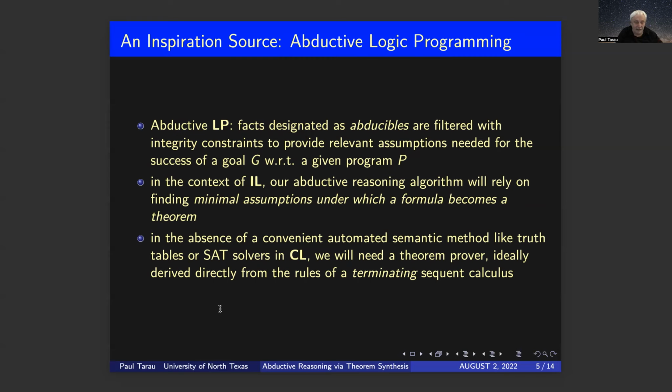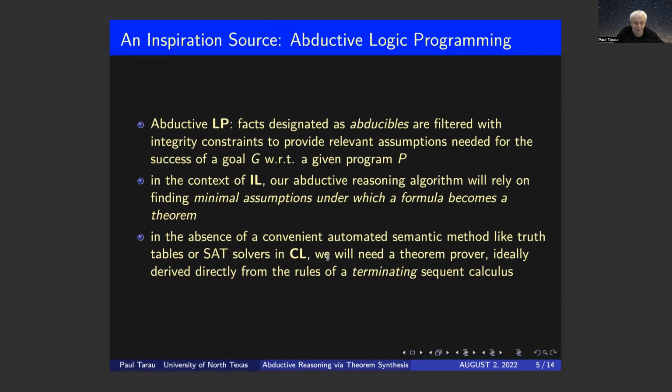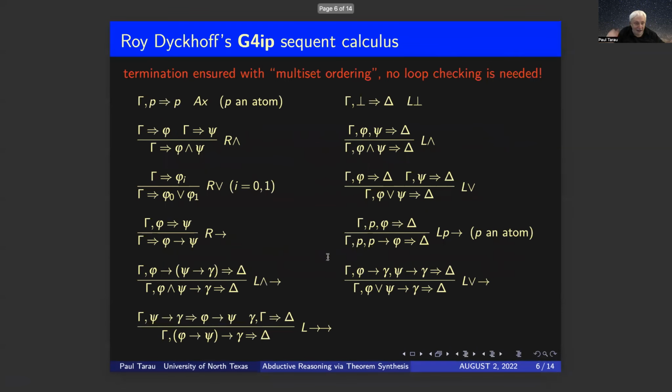So in the absence of a convenient automated semantic method, we will bring you a simple and easy to play with theorem prover in Prolog. And that's what we do next.